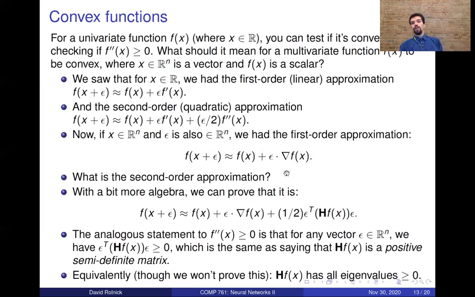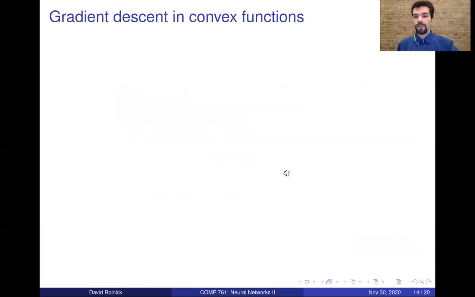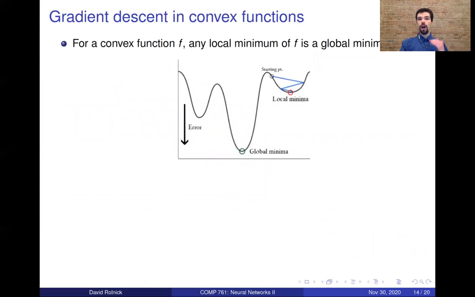OK. So let's finish for today by talking about gradient descent in convex functions, which is why we brought up gradient descent. For a convex function, any local minimum is also a global minimum. Remember, there's this problem where we could be in a local minimum, and we could have a global minimum over here.